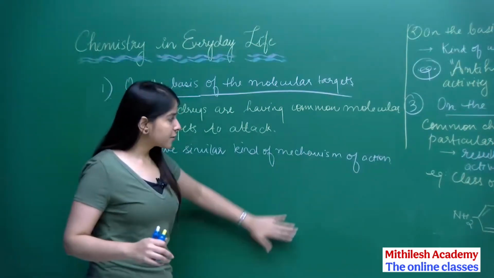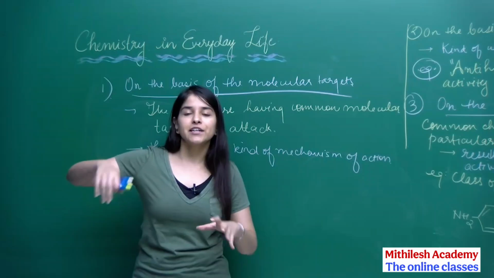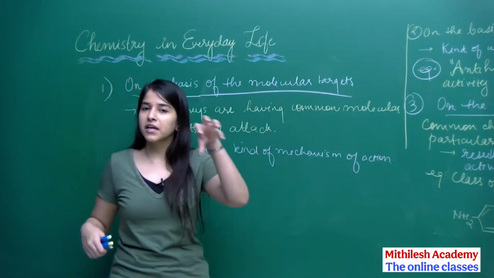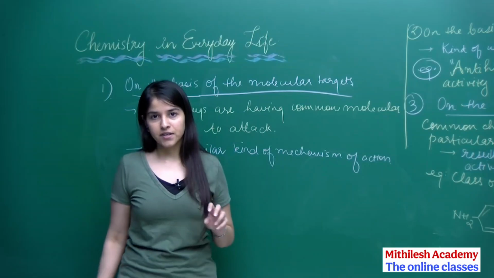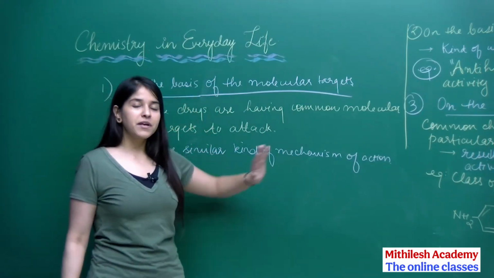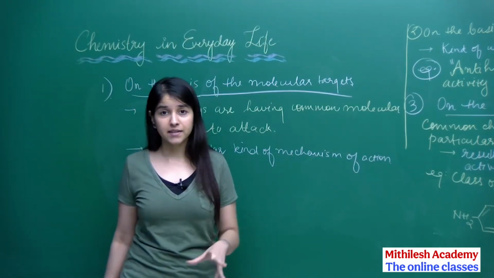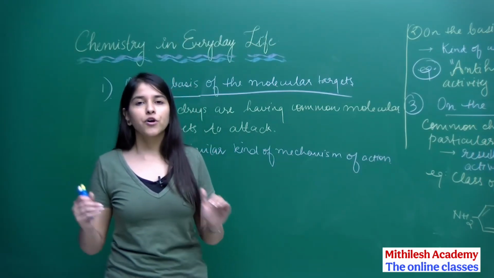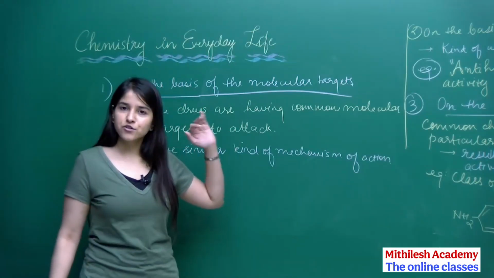So a lot of drugs included in one class can behave in a similar manner, having a common prime target. That means they will have a similar kind of mechanism. I am not saying it will be exact, but it will go in a similar direction. That is how we are going to classify the drugs.